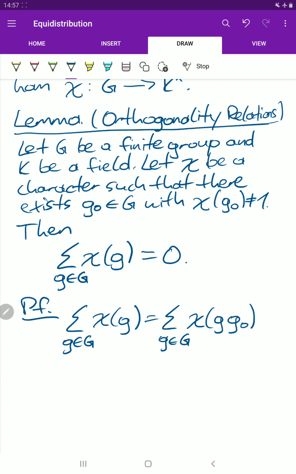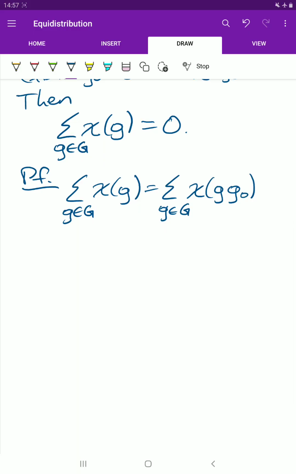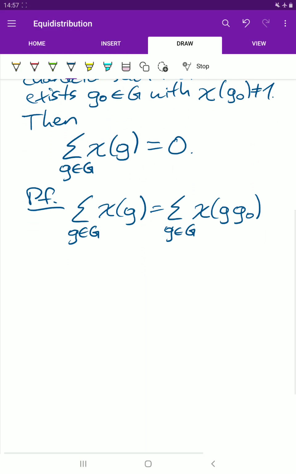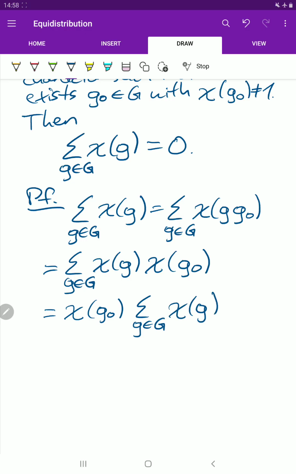So this is just reordering the elements in the group. But it's a bijection because we have this fixed element G0, and so chi is a character, so we get the sum over G in G of chi of G times chi of G naught. Okay, but we're in a field, so we can pull out the chi of G naught, and we have the same sum we had before.